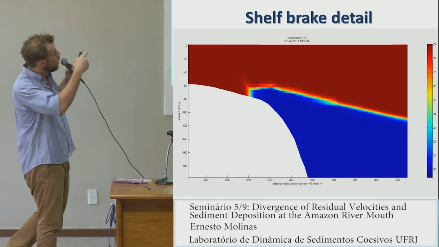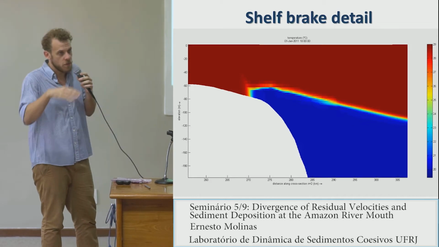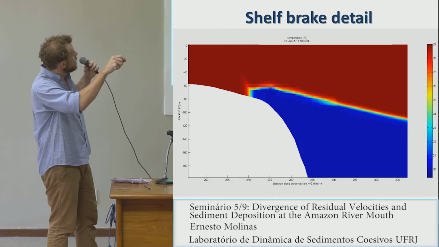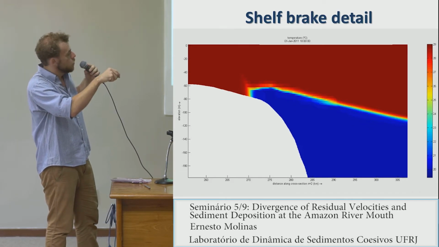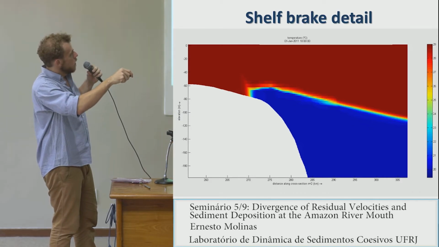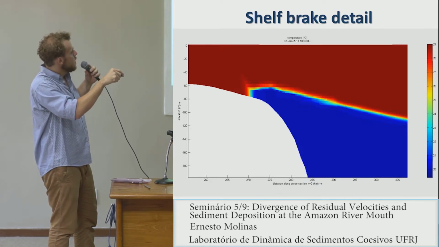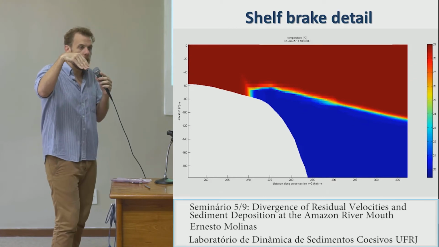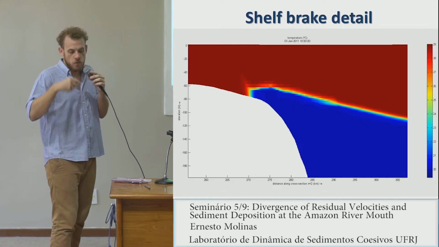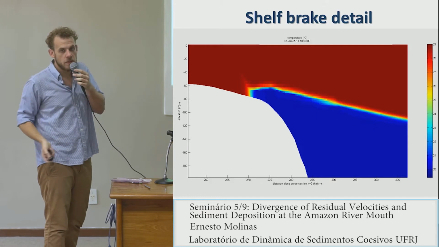And when we look at the residual currents caused only by these internal tides, we don't have the other forcings. It appears that this is mean magnitude and this is cross-shore residual velocity. So red values are positive to the right, and blue values are to the left. So exactly around 70 meters depth, where we have these steep slopes where the sediment of the model was being lost through turbidity currents to the deep basin, we have a convergence zone caused by these internal tides.